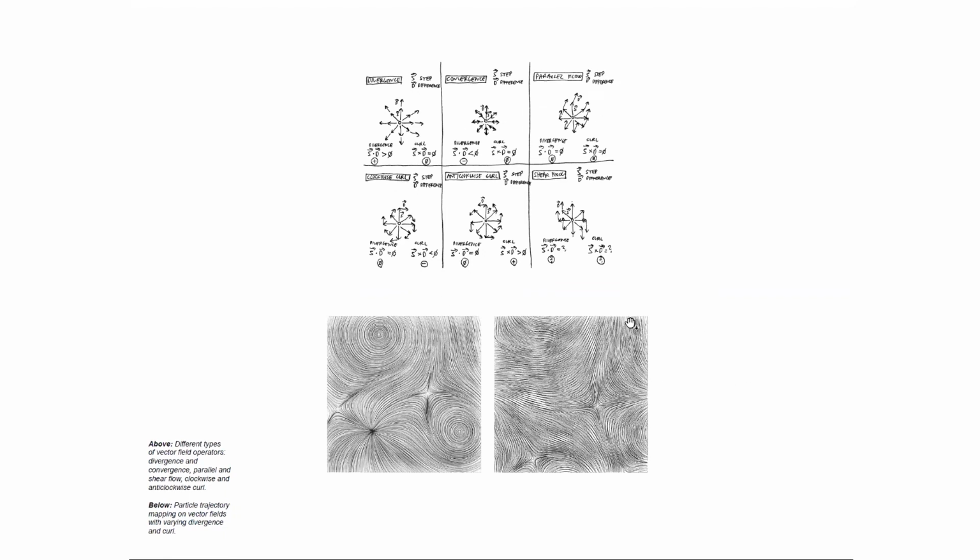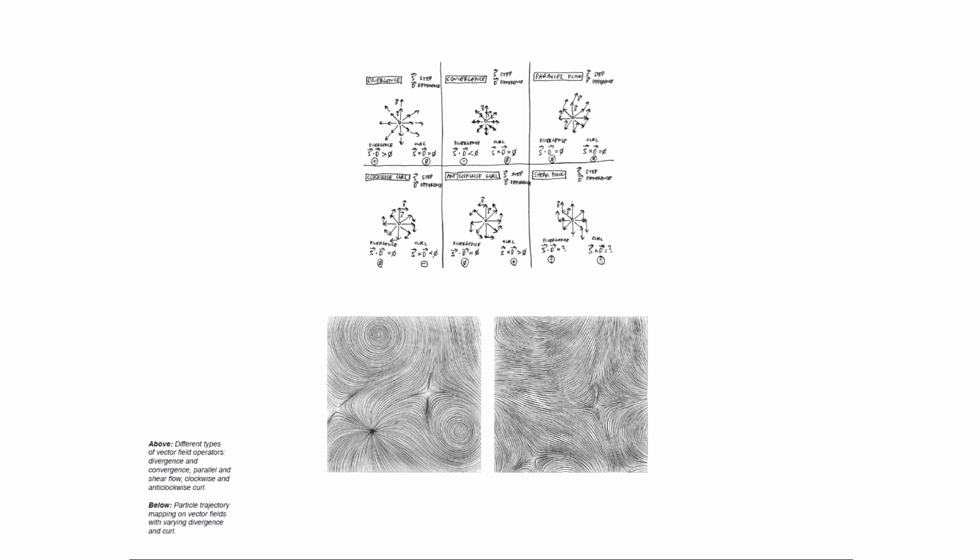Once we define flow lines on a vector field, then we can map certain properties of it, and this is related specifically to functional analysis, or vector analysis on vector fields, so we can measure the divergence of the field.